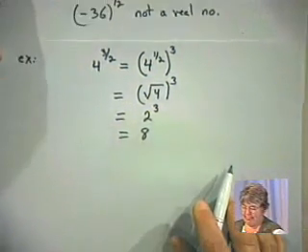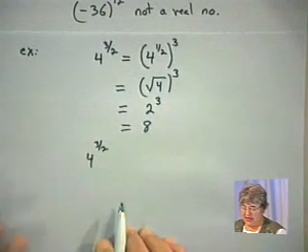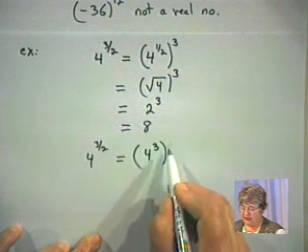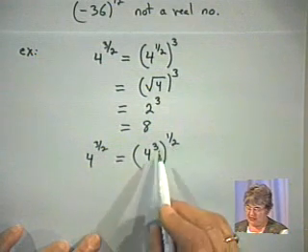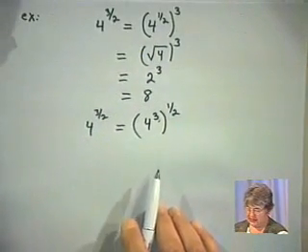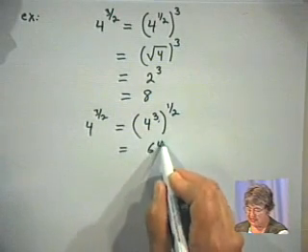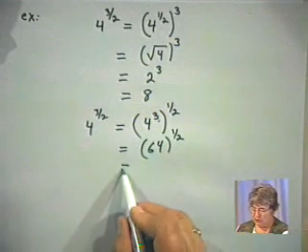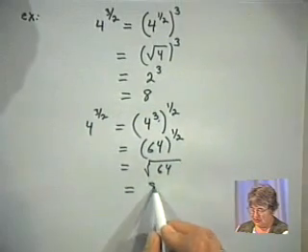So now we will do a rule. If we have a to the m over n power, we can interpret this to mean a to the 1 over n power, the whole quantity to the m, but we can do this as long as the nth root of a is defined, or as long as it is a real number. Again, you have to remember that we can't take even roots of negative numbers, and that's what we don't want.